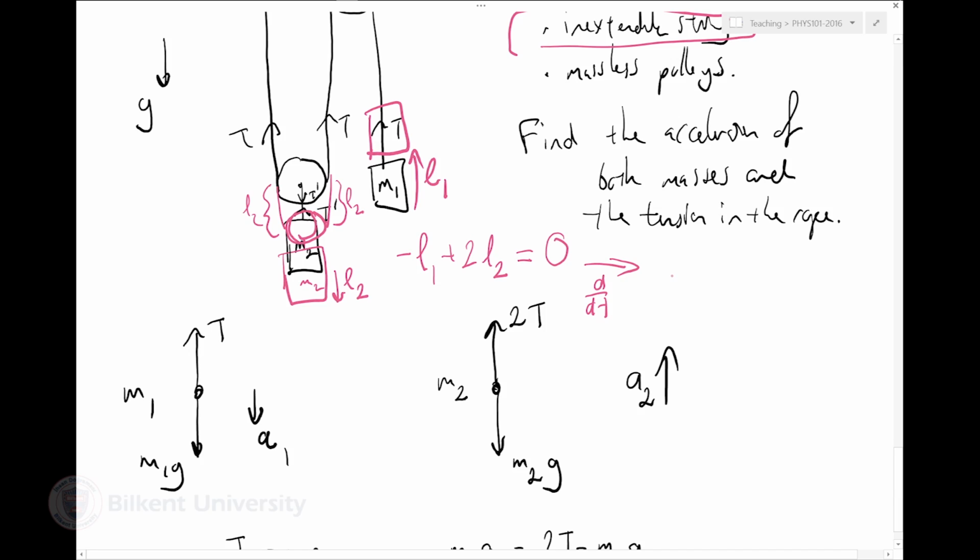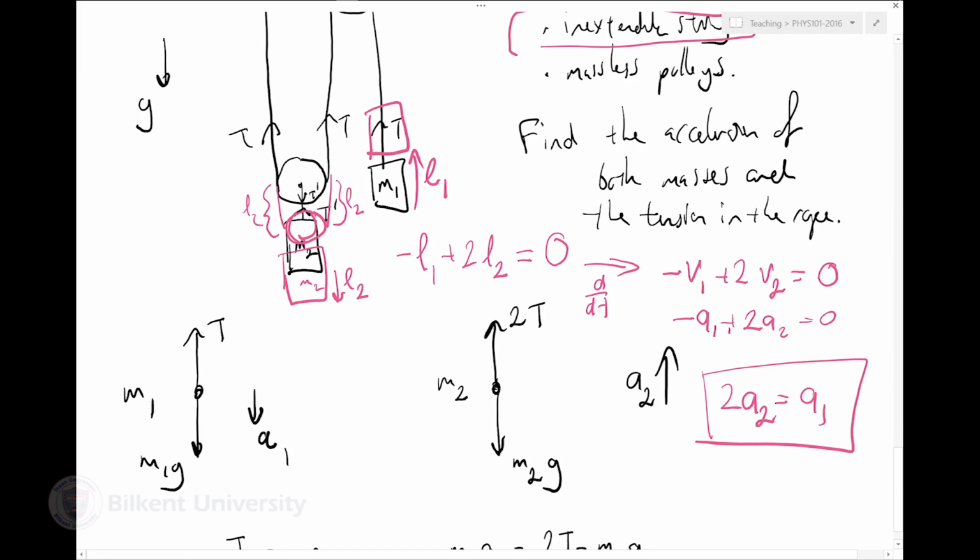I would find minus V1 plus 2V2 is 0. If I take another derivative, what would I find? Minus A1 plus 2A2 is 0. Or in other words, 2A2 is equal to A1.